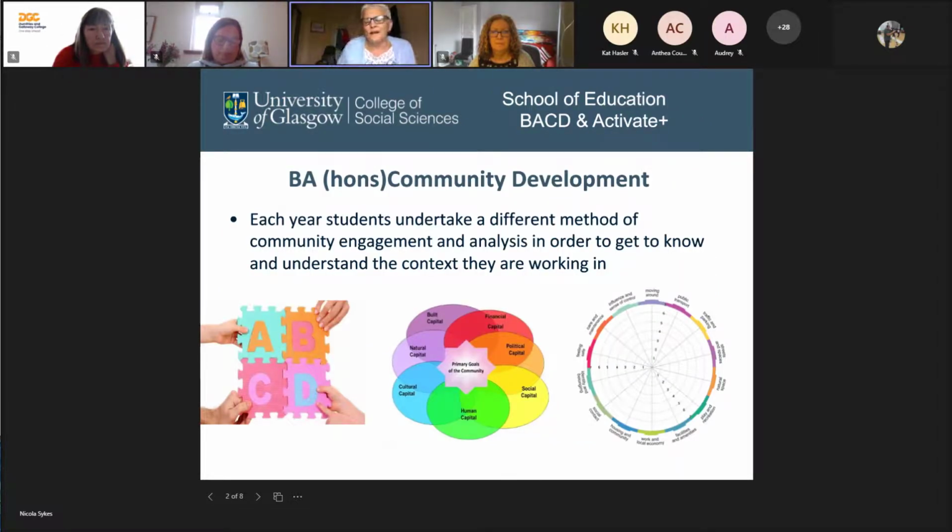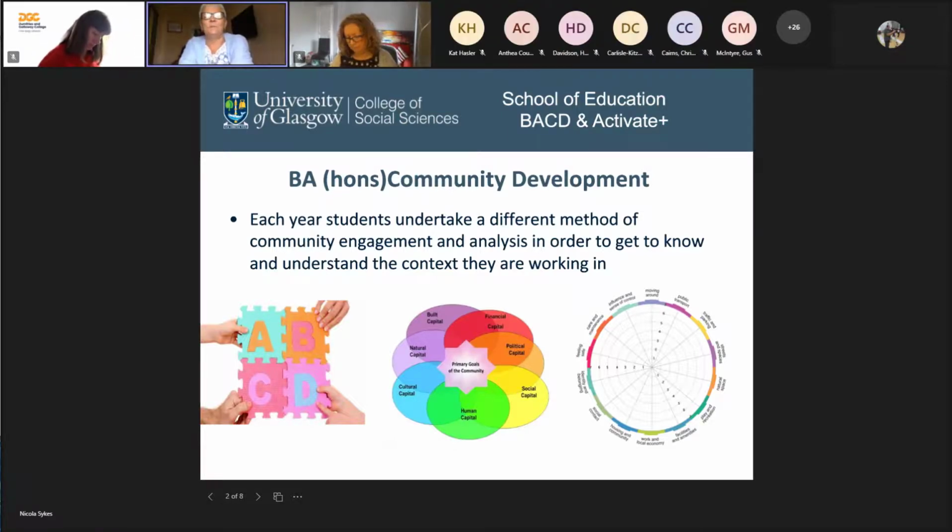So as part of the undergrad BA Honours in Community Development, every year our students spend 450 hours of community development practice in the field, and as part of getting to know and engaging with the community, we use a different model each year. So in first year, students will be introduced to using the asset-based community development approach as the means of gathering information and analysis of the community in the context that they're working in.